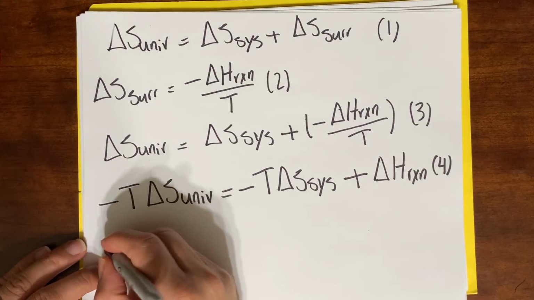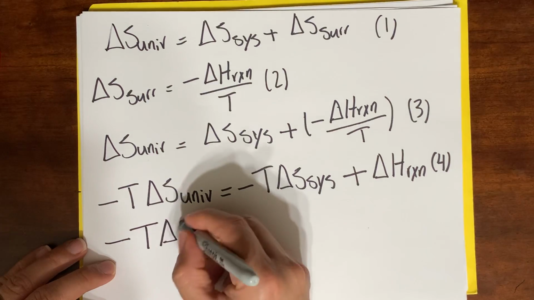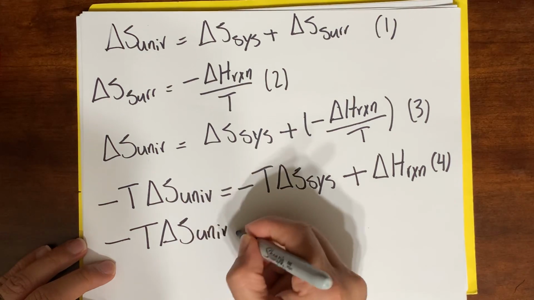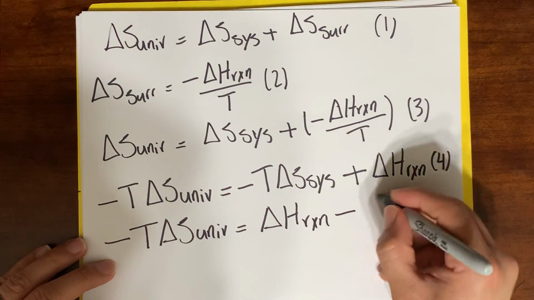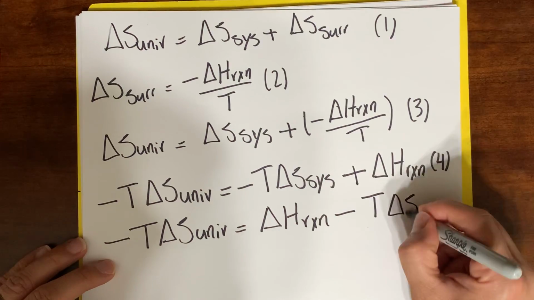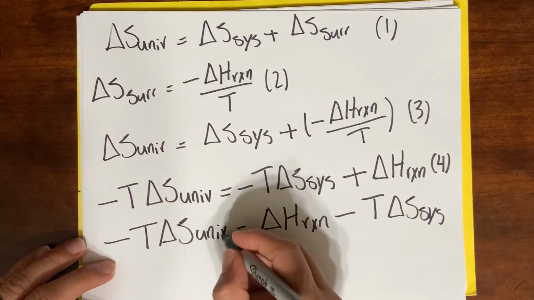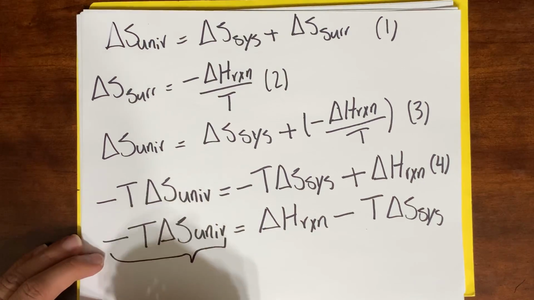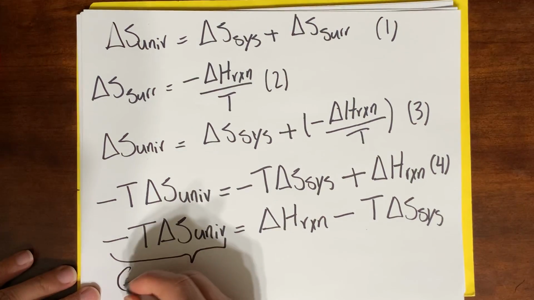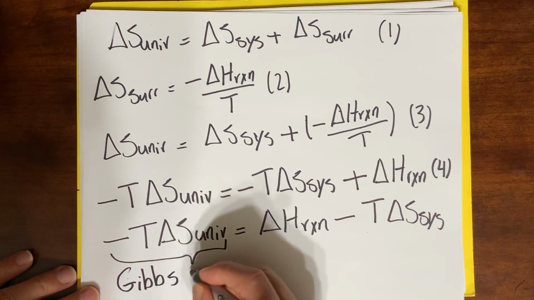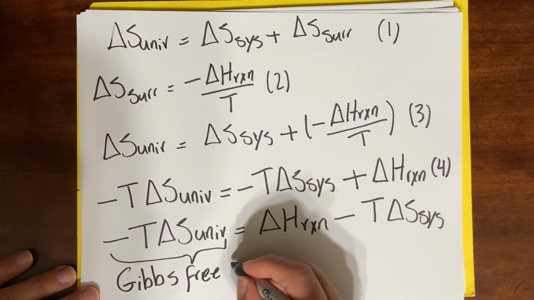Rearrange this one: minus T delta S of universe is equal to delta H of the reaction minus T delta S of the system. The left part, we call it the change in free energy, or Gibbs free energy.